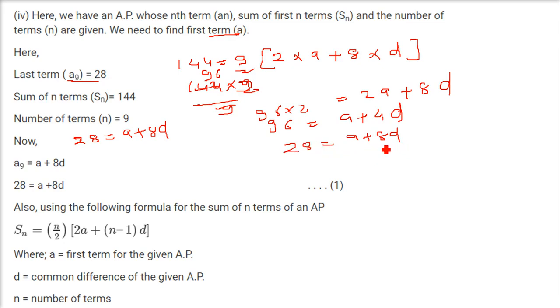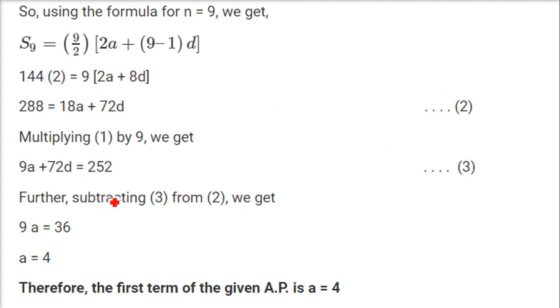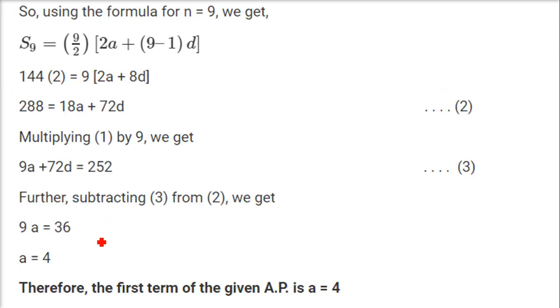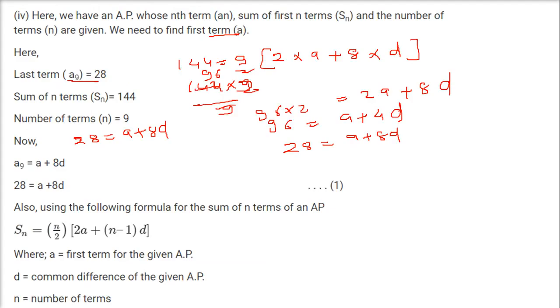So what we can do is subtract. Here we can multiply this by 2 in order to get a. So we get 96 into 2, 2a and 8d. Now subtract. 8d cancels. This is a. And this is 96 into 2 minus 28.